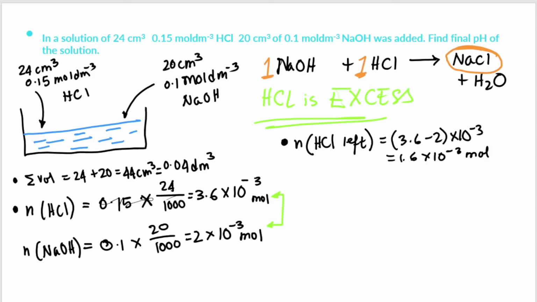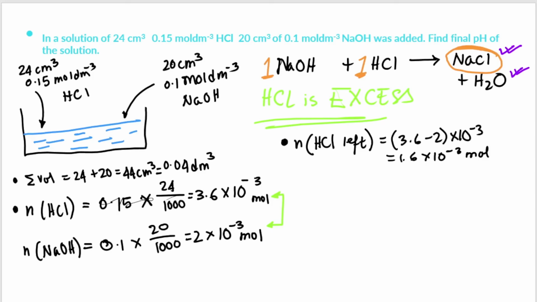Now this remaining HCl will contribute to the pH of the remaining solution, because equal moles of HCl and NaOH reacted, and the products formed are neutral, because NaCl is a neutral salt and H2O just becomes part of the solvent.